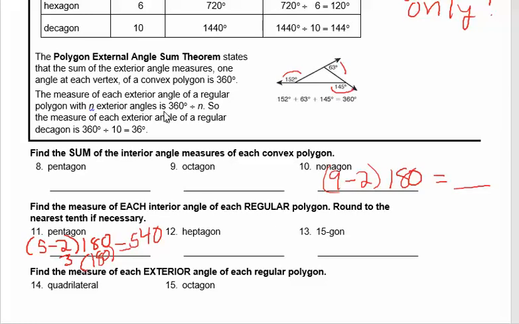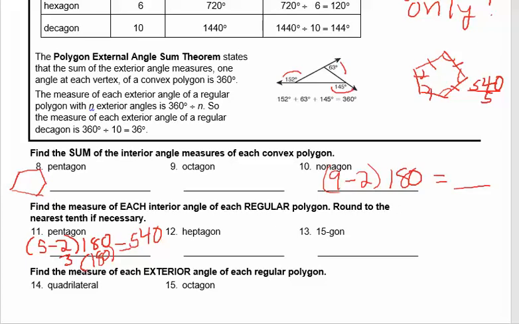But a pentagon, here's a pentagon, 1, 2, 3, 4, 5. It's supposed to be a regular pentagon, mine is not. A regular pentagon means that all sides and all angles are congruent. Which means that if the sum of all of these 5 angles is 540, I can find the measure of one of those angles by dividing by 5.